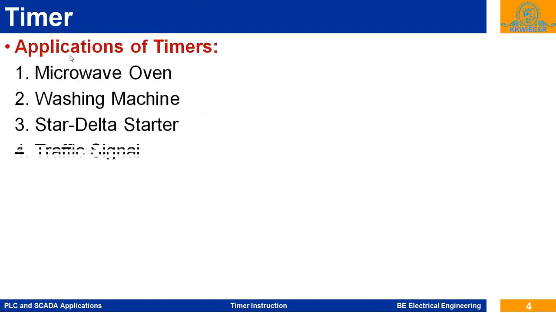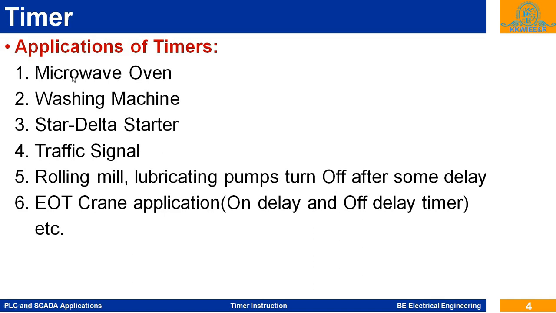So the application of timers: in domestic microwave oven, washing machines, we are setting the time period depending on the different applications. For the different types of clothes or the weight of the clothes, we can set the timing on the washing machine.